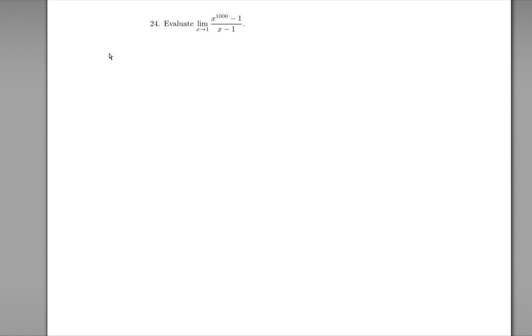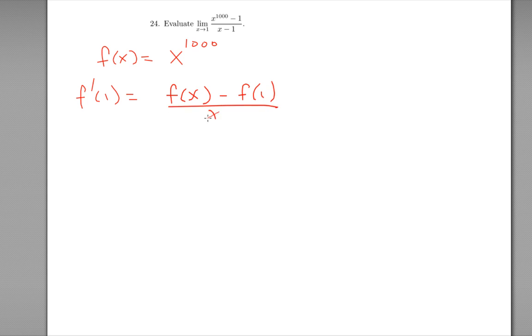So if I have a function, if I let f of x equal, say, x to the power of 1,000, then its derivative at 1, f prime at 1, by definition is my function minus f at 1 over x minus 1, the limit as x goes to 1.